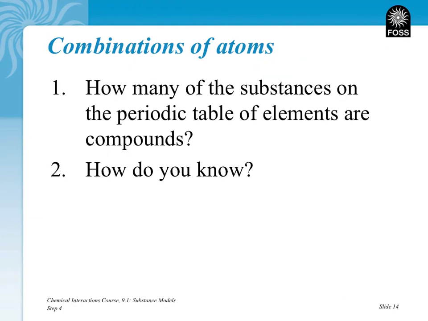So a little review question. How many of the substances on the periodic table of elements are compounds? Well, the short answer is none. None are compounds because each one of those is an element. How do you know? Well, it's the table of elements, not the table of compounds.